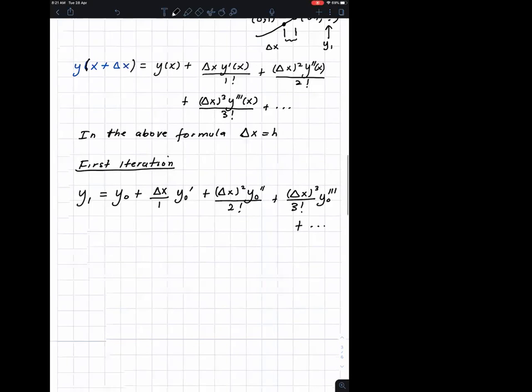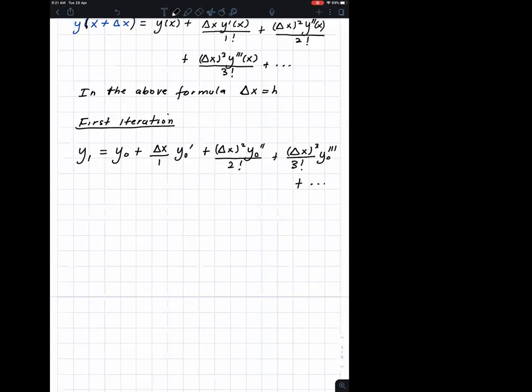So next you go ahead and find the derivatives. y prime was given as 1 plus xy. For y double prime, take the second derivative. By the way, this means d/dx. The derivative of 1 is 0, and then you apply the product rule on this: x y prime plus y.